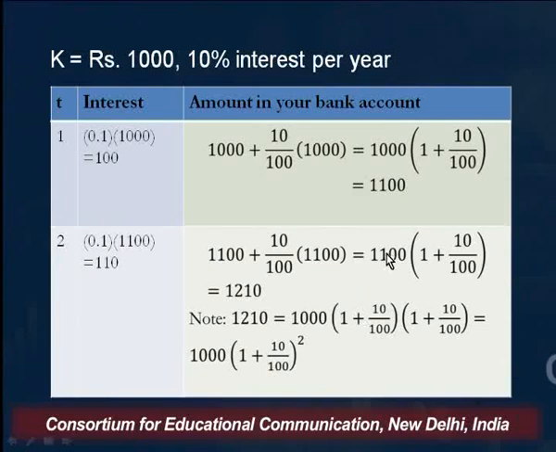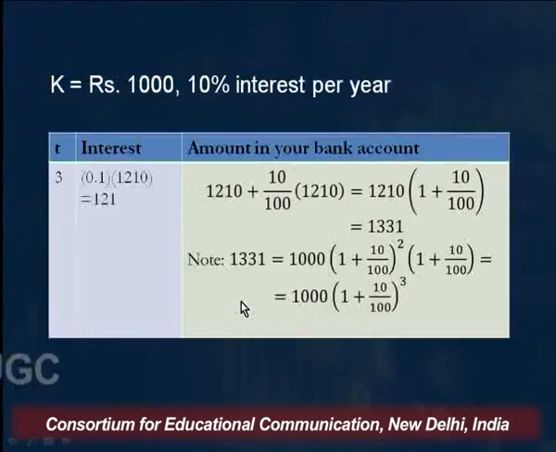So substituting for 1100 here, I can write 1000 times 1 plus 10 by 100, and the other 1 plus 10 by 100 will come from here. So that is nothing but 1000 times 1 plus 10 by 100, the whole squared, right? So I'm trying to write the amount that you get in any year as a function of the principal amount. I'm trying to reduce it to the principal amount.